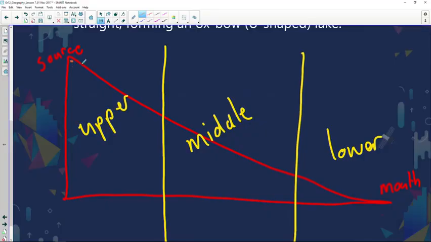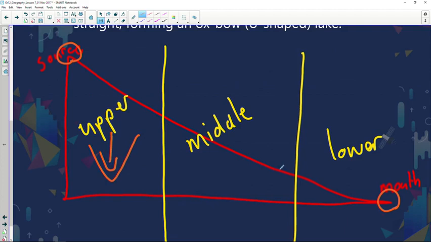So if we can just recap, the river originates from its source to the mouth. The upper course is extremely steep, and the riverbed is V-shaped because of the downward erosion taking place.